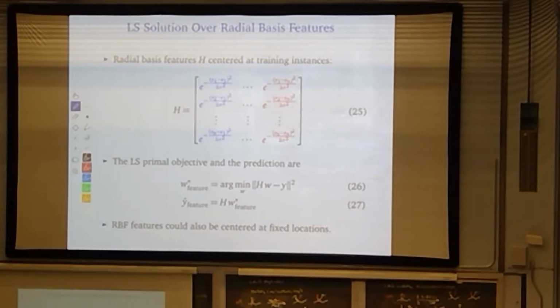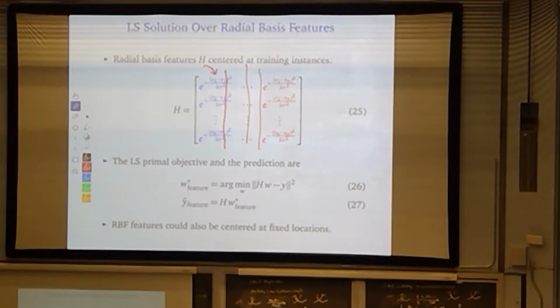That sometimes is too much. But if they are located at the training instances, so each feature you can look at x1. At x1's bump, essentially the feature becomes this function. Just every other instance evaluated with respect to this center location at x1. And x2 and x3 all the way to xn.